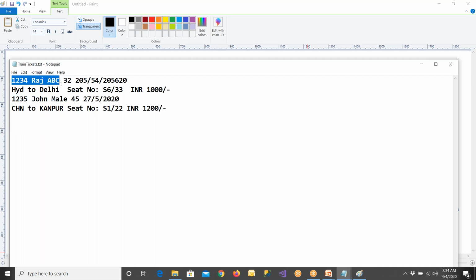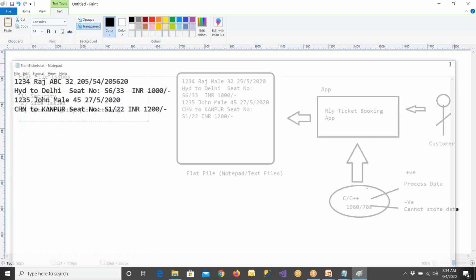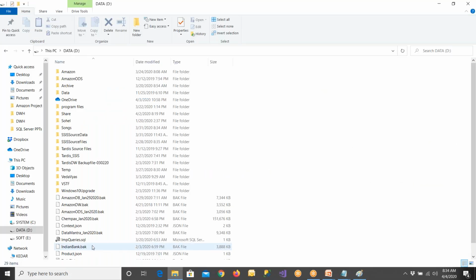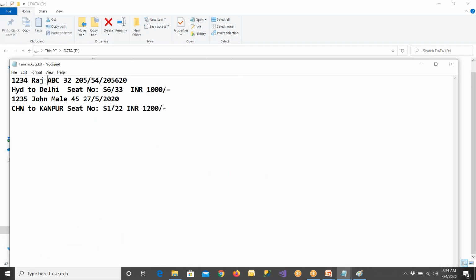So anybody can easily manipulate and modify the data. This guy will not ask you any question whenever you save the data. It is simply saved. So if you open the data, you will always get wrong data, because people have changed it. So this is the data: train and Hyderabad.